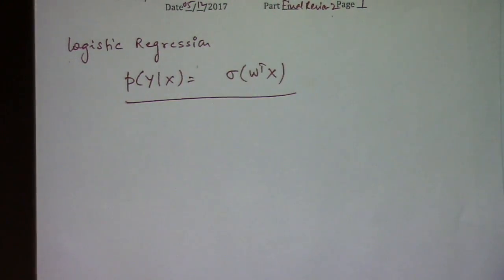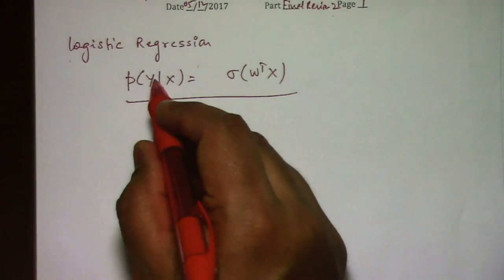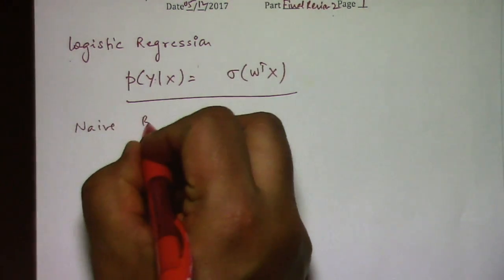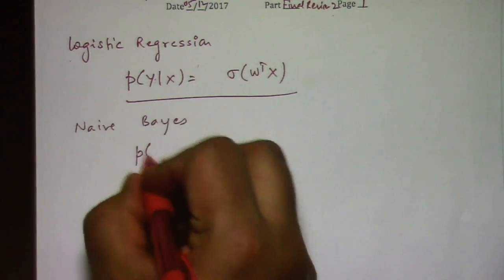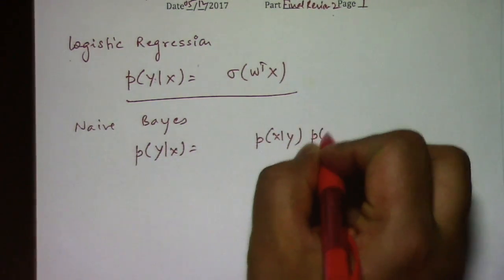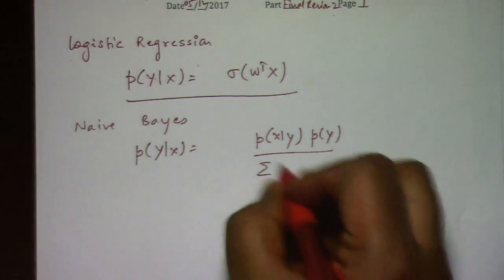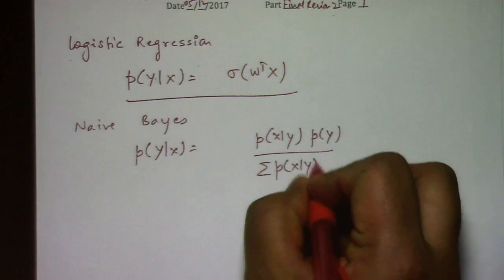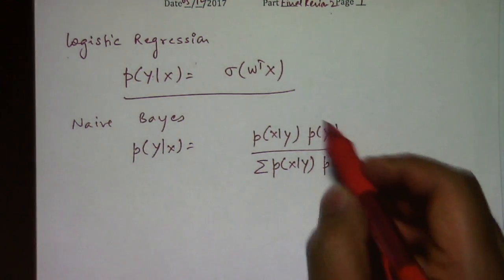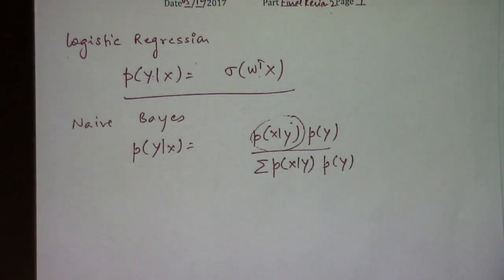Right, so we are directly computing p(y given x), or p(y equal to 1 given x). Whereas in naive Bayes or QDA, we say that p(y given x) is p(x given y) times p(y) divided by just a summation over all possible values of y, or integral if this is continuous. So here is the difference. Here we are explicitly computing this, here we are not. So that is the difference.